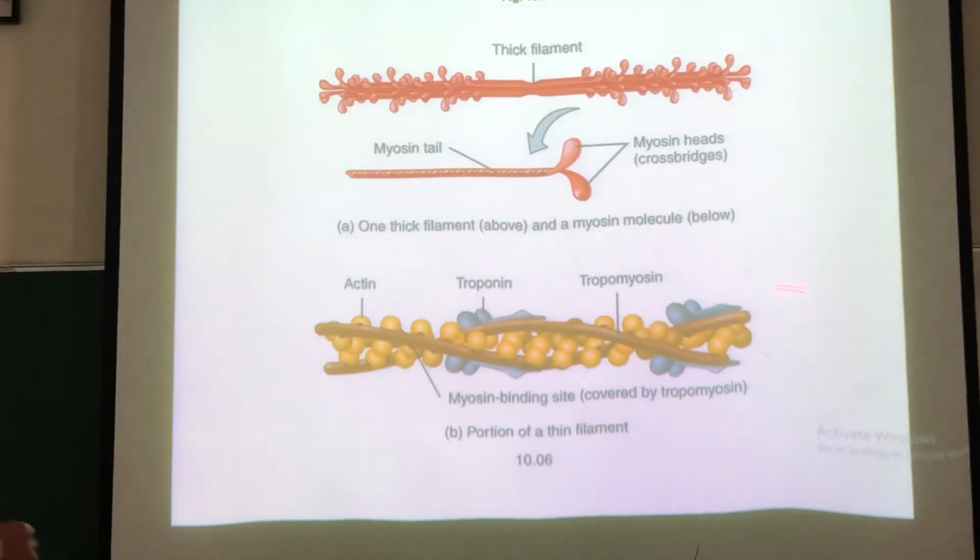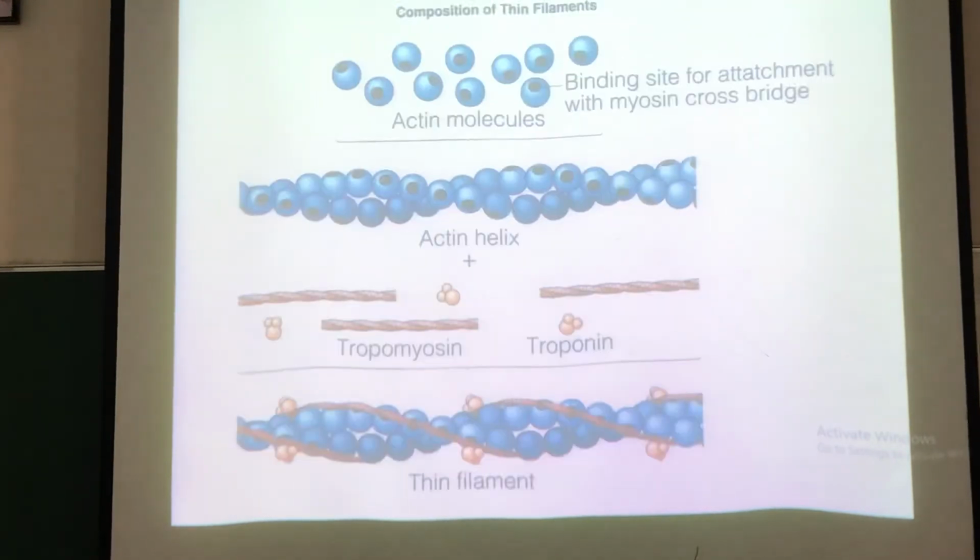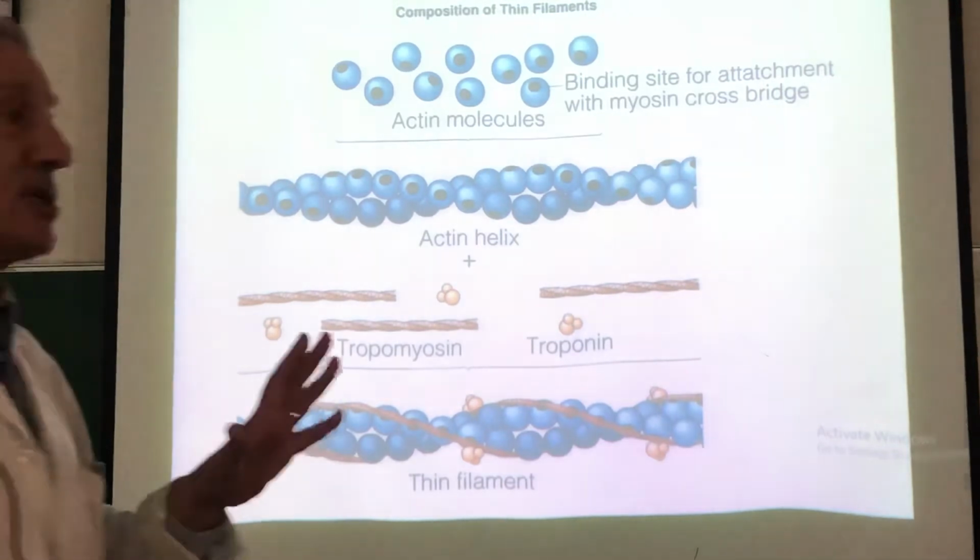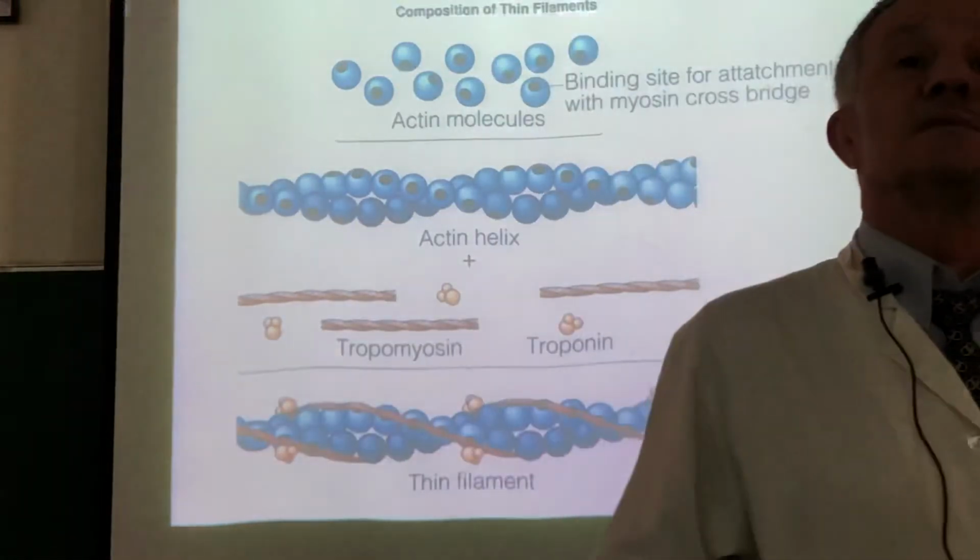So what you are seeing down here are thin filaments, and up you have thick filaments. Now, what's the ultrastructure of the thin filaments? It's composed of what?